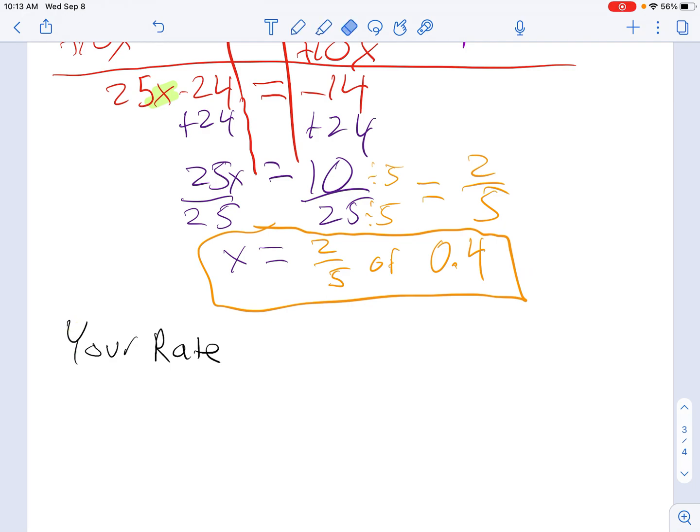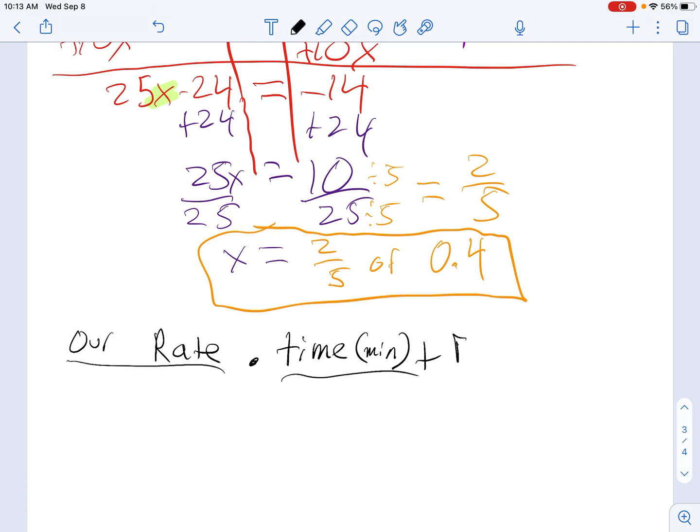Let's do our rate, and I'm going to multiply that by time, which in this case is minutes, plus our friend's rate, which again is cars per minute.